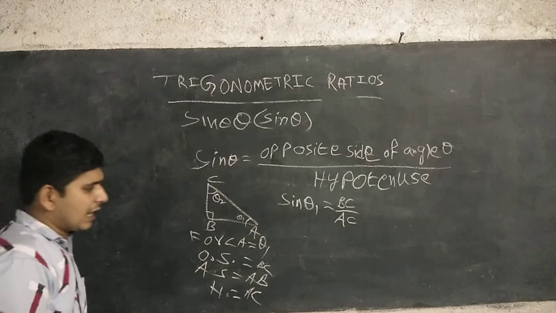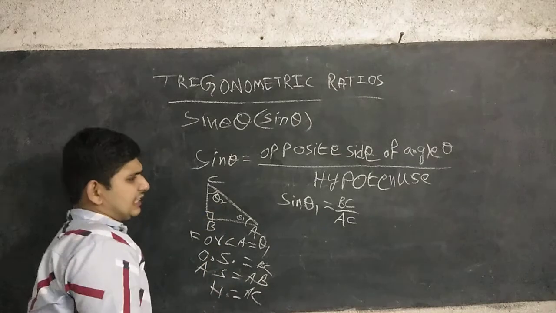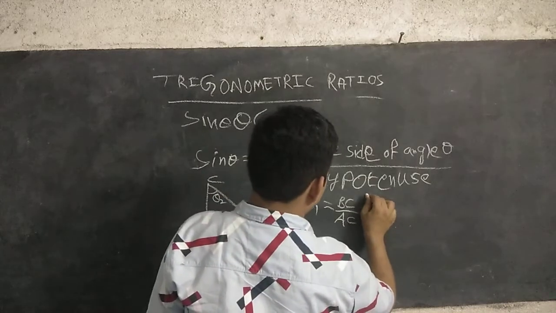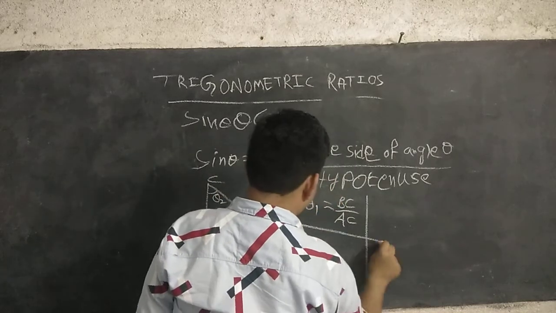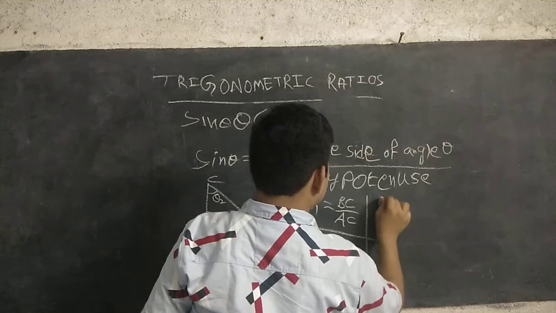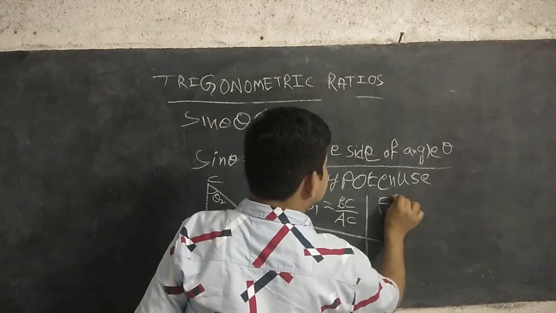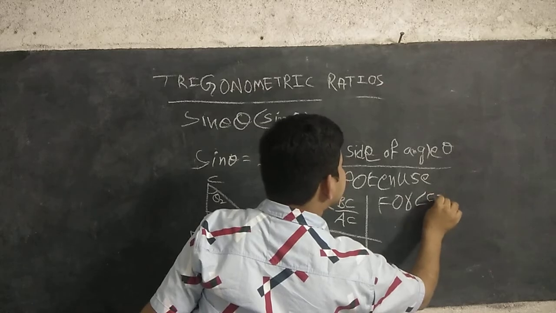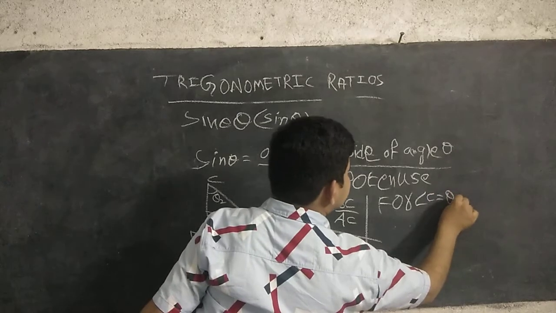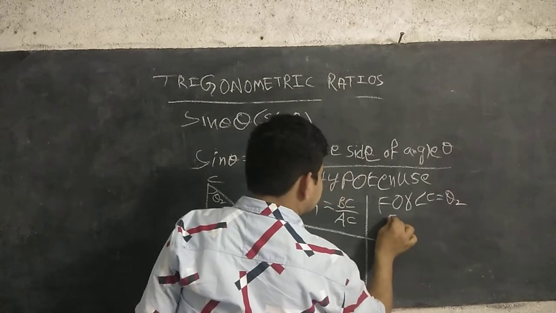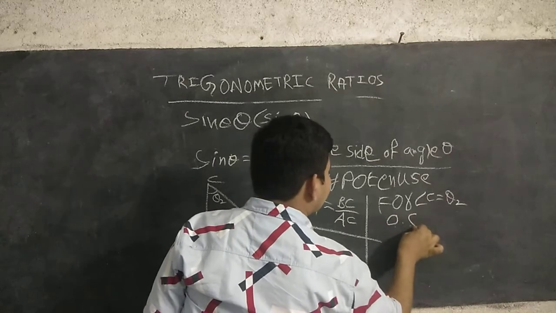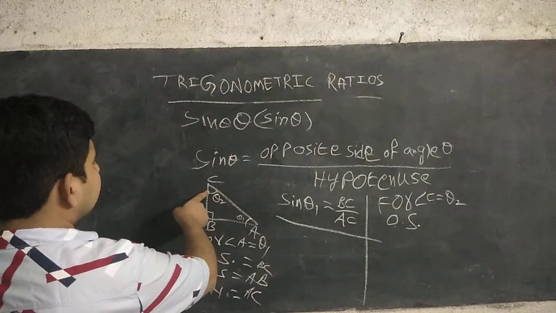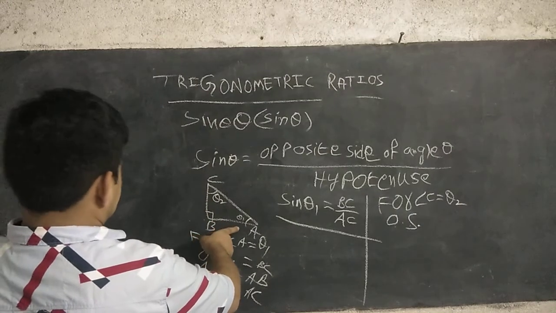Now for angle C equal to theta 2, the opposite side equals AB. Why? Because theta 2 is not touching the side AB.